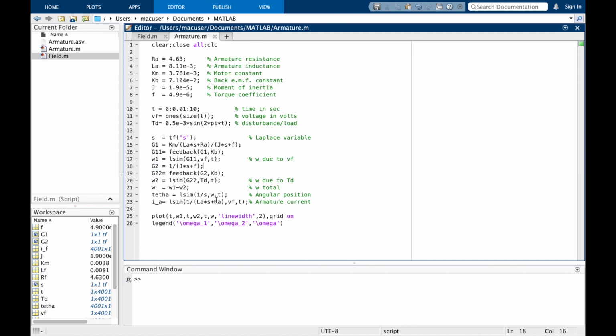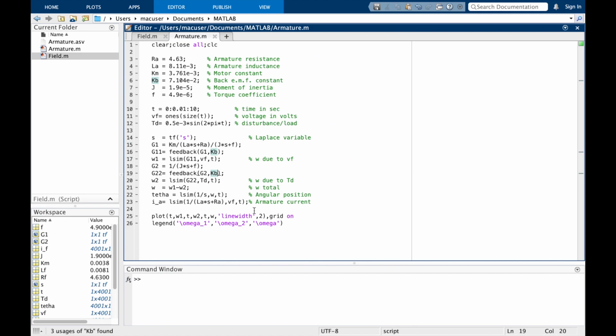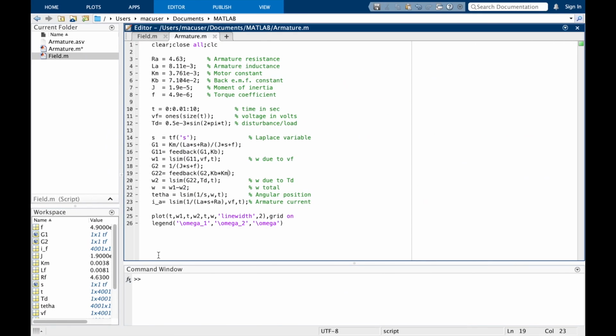So here, this is G2, 1 over (JS plus F), and then feedback of G2 comma KB multiplied by Km. I need to make it complete with Km, and then divided by LAS plus RA, something like that.